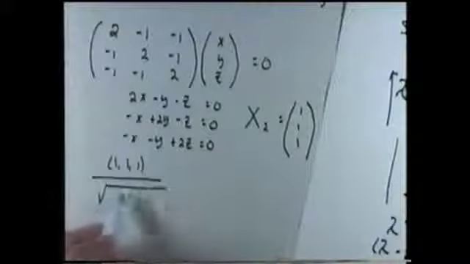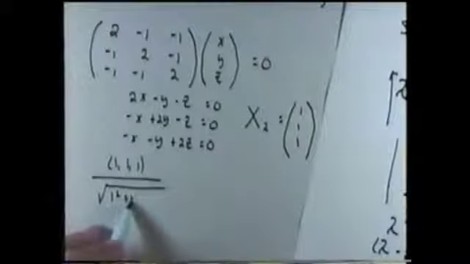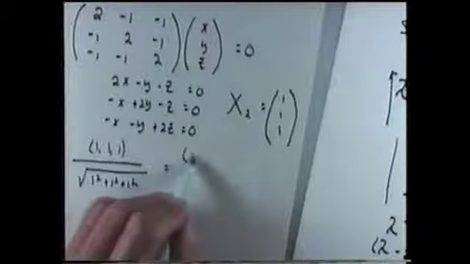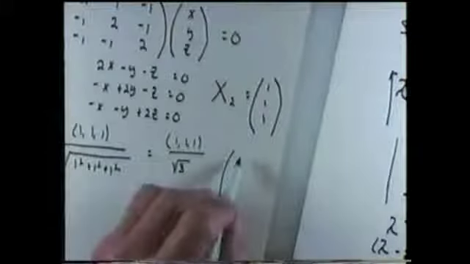The length would be the square root of 1 squared plus 1 squared plus 1 squared. So that would be 1, 1, 1 divided by the square root of 3. Or I get the unit eigenvector of 1 over the square root of 3, 1 over the square root of 3, 1 over the square root of 3.